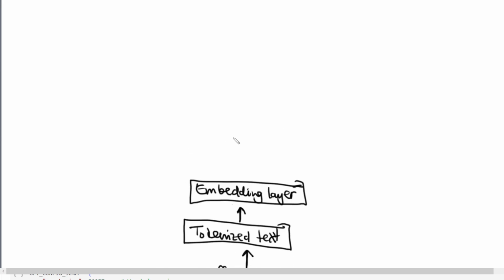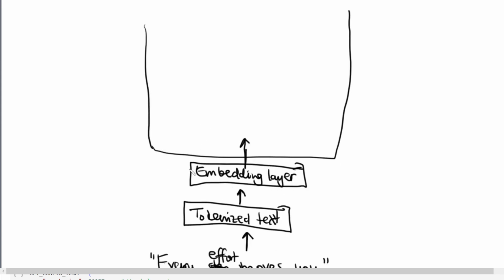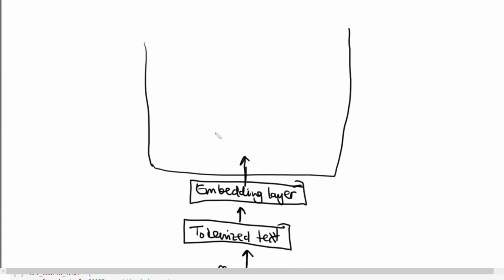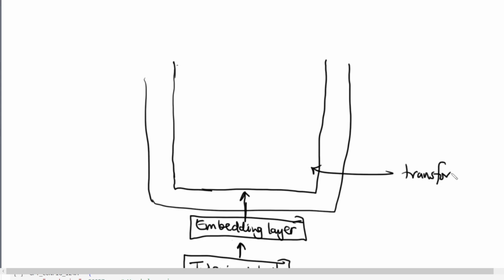Then, after being embedded, it goes into this big block here. Let me just draw it properly. So we'll now have this block here, and it is what we're now calling the transformer block.